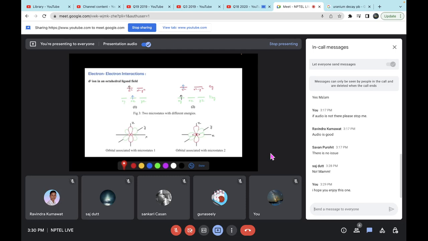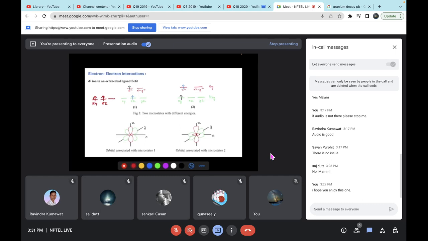We can take a lot of examples. This one I am showing is for an excited state of the same d2 ion, but in the ground state, these 2 electrons can be in any 2 orbitals of t2g, for example xy and xz, or xz and yz, or xy and yz.